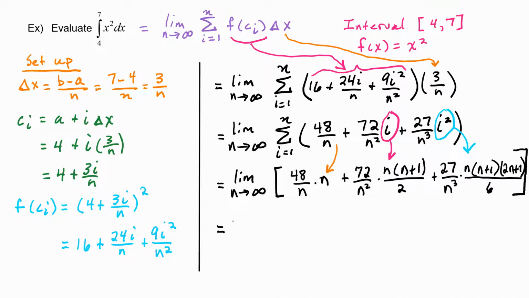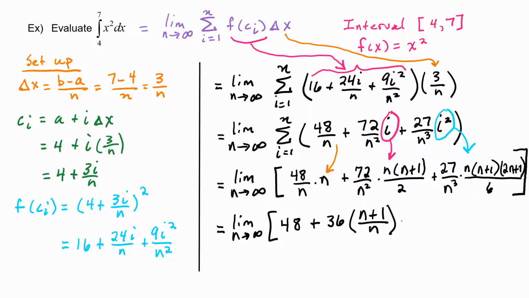Let's simplify. We have limit n goes to infinity. The n's cancel in this first term, and we have 48. Bring down the plus sign. 2 goes into 72, 36 times. The n up here cancels one of the n's down here, so then we have n plus 1 over n left over.